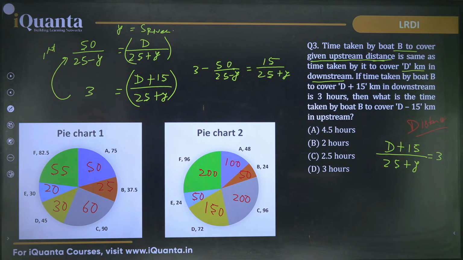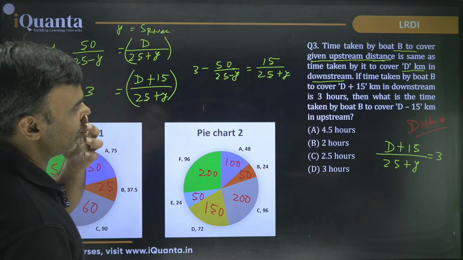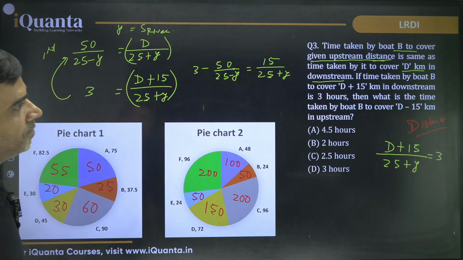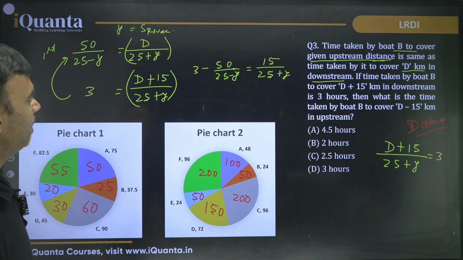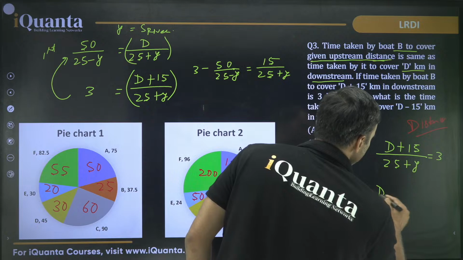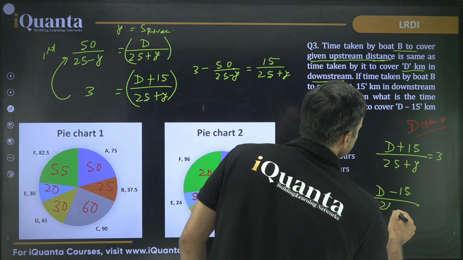Okay. So what we can do here is, we will have to do some calculation. It is slightly tricky that even if I take 50 to the other side, थोड़ा calculation तो होगा ही, है ना? It is going to have some calculation. So what we have to find is, this is 3, we have to find D minus 15 divided by 25 minus y.